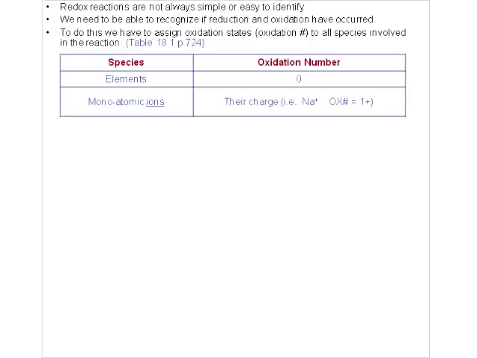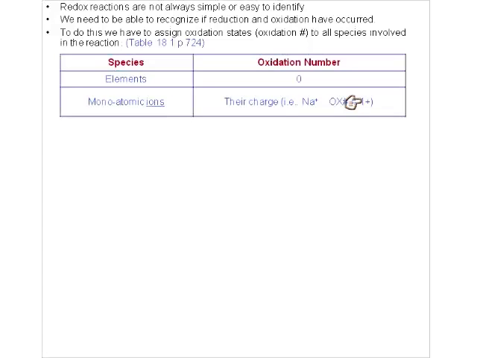Any of the monoatomic ions, like sodium ion, their oxidation state is going to be their charge. For instance, sodium loses 1 electron to become sodium 1+, therefore it's in a state of 1+. Aluminum has 3 electrons, it loses them to be Al3+, therefore the state for aluminum is 3+. Copper has 2 possible states.